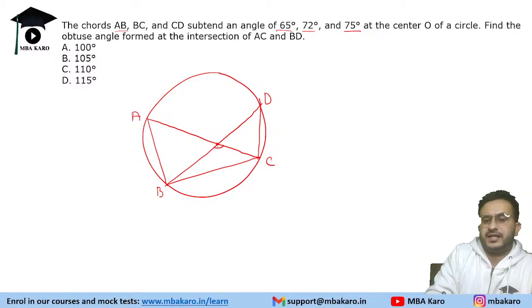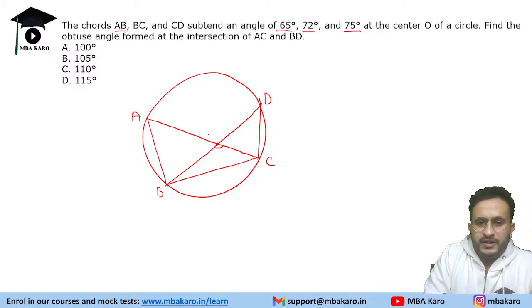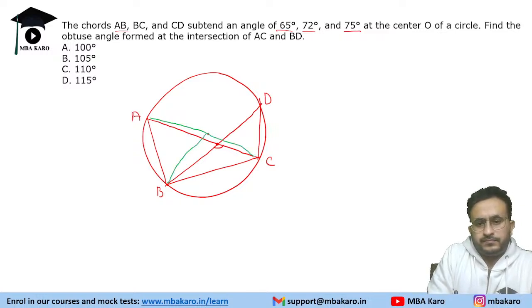We need to find this larger angle. Okay, now let us say the center was here, and let's use a different color for this. Okay, so this angle was given as 65, this angle as 72, and this angle as 75.